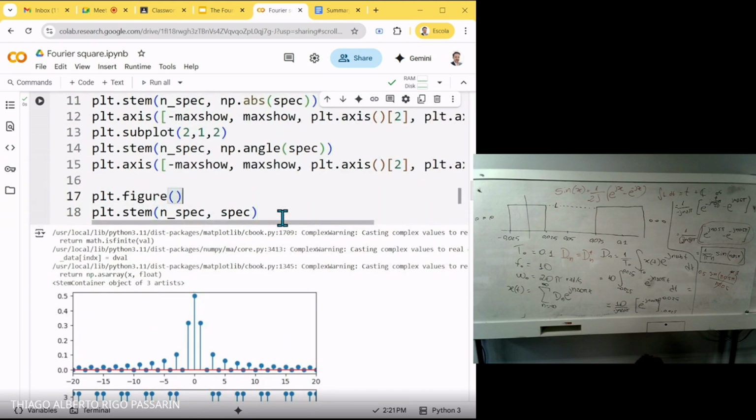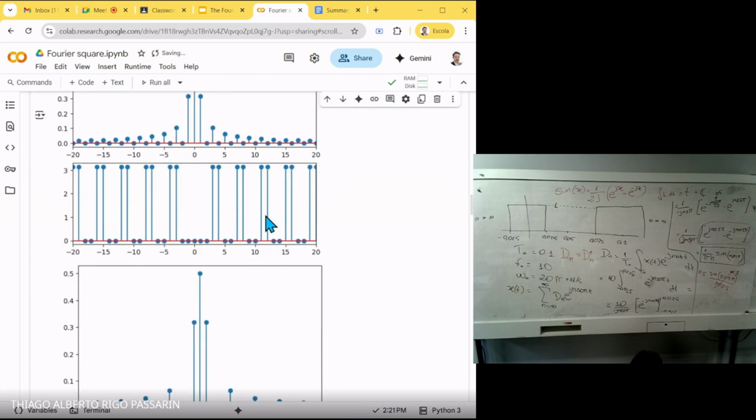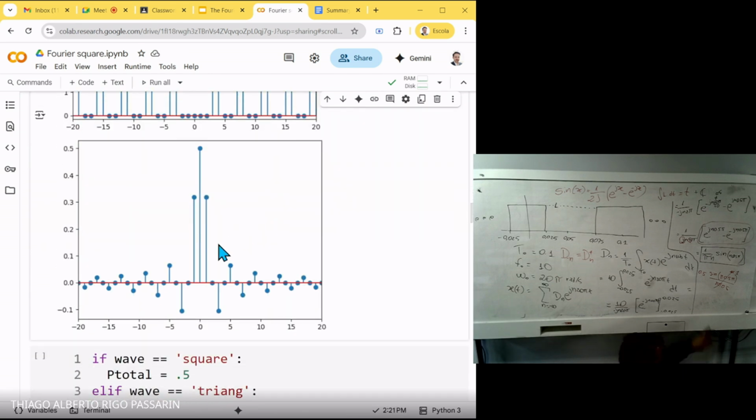And we go from minus 20 to 20 here too. So this is the function. This is what that gives me as dn. Here is n varying from minus 20 to 20. And those are the values of dn.